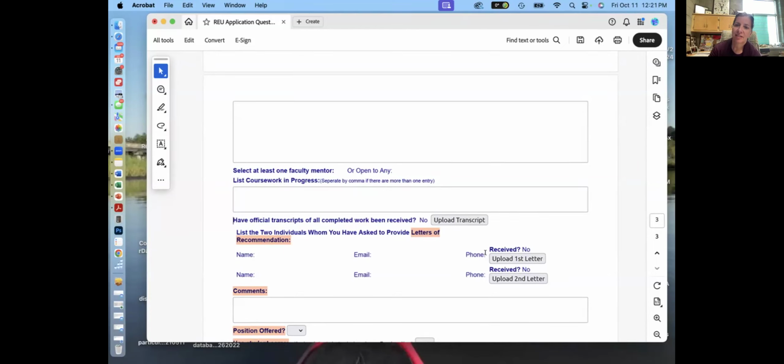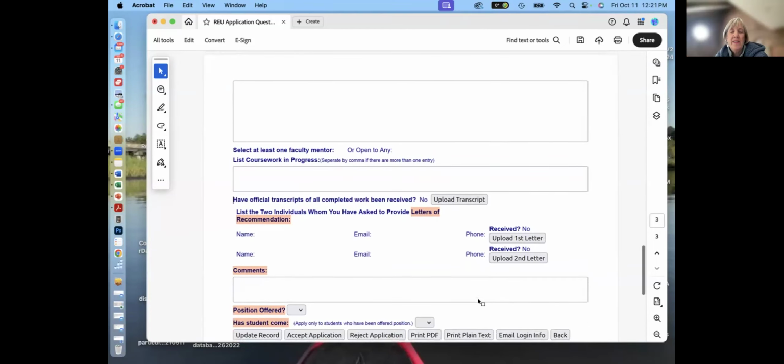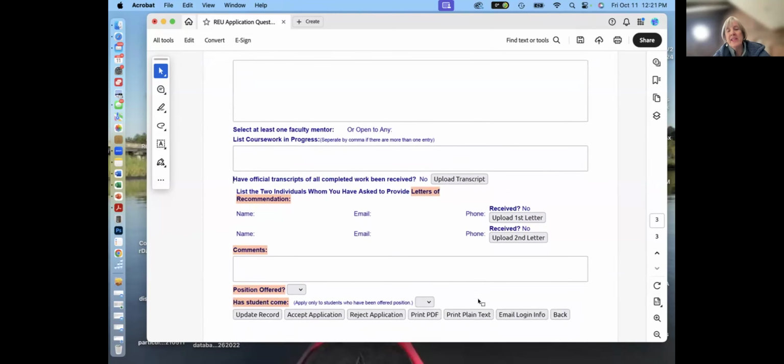Yeah, Val? Yeah, one approach that would still allow you to get the letters would be to at least pare down. So, if you get to 300 applications or something, to pare down to 30 or 50 or something like that, so that you're not asking as many people to write letters.